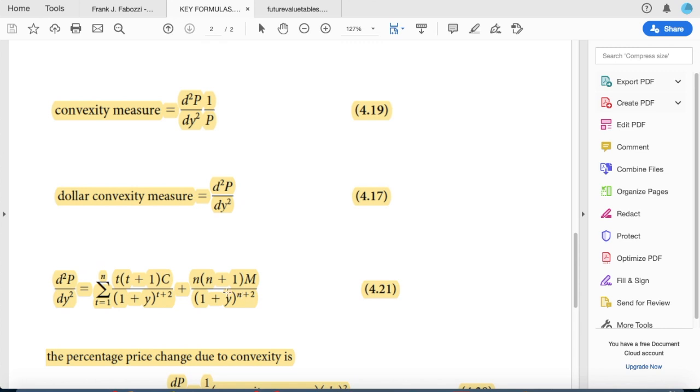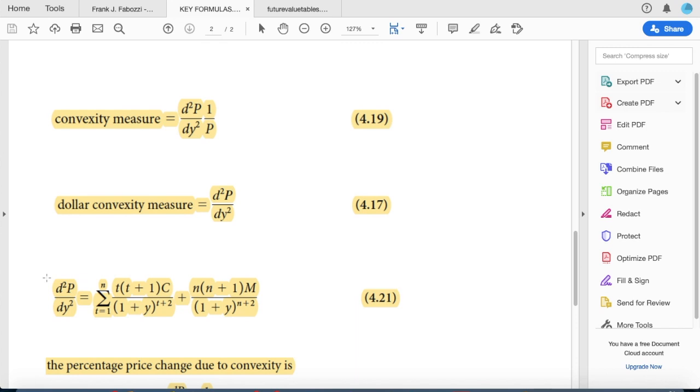with the convexity measure. So as I told you, we'll start first by computing the second derivative. Once we have done this step, we'll just divide by the current price of the bond, and we will get automatically the convexity measure. So let's start by the second derivative.